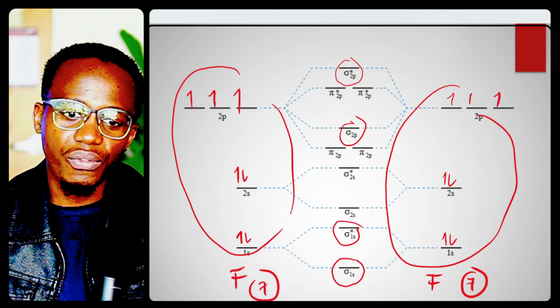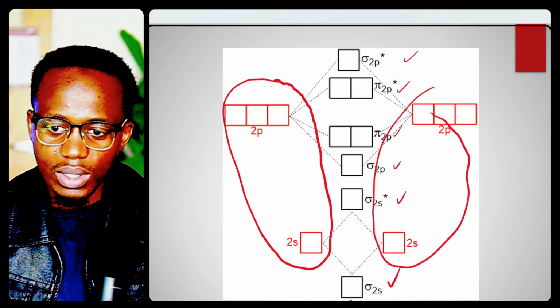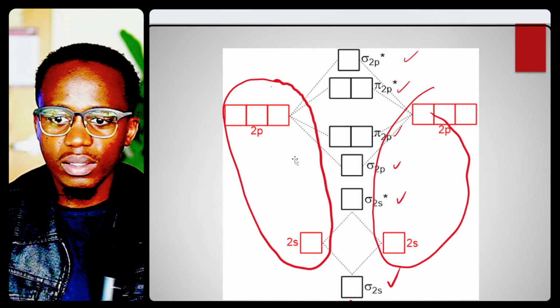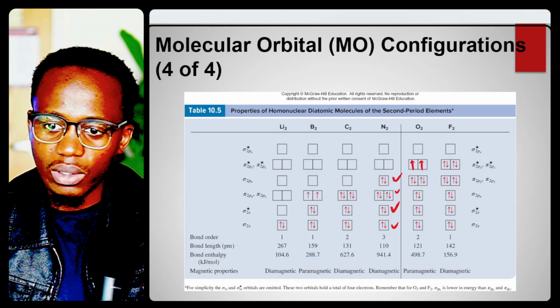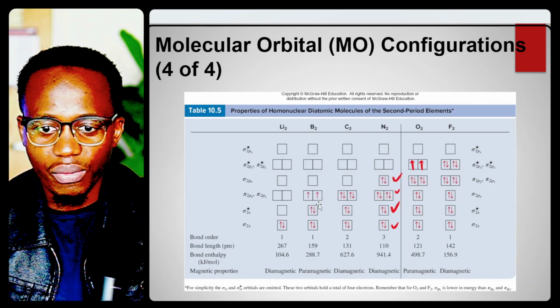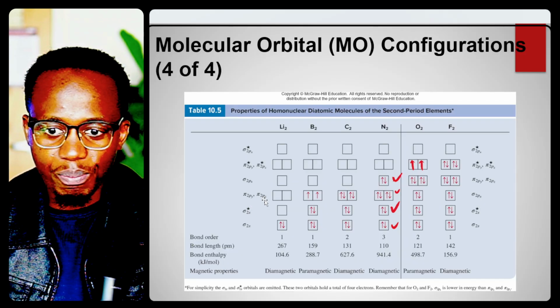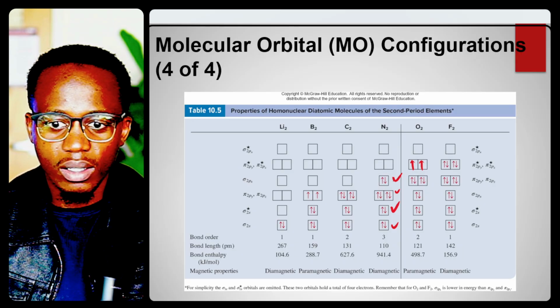So the way they're going to fill out is in this order, right? Where you start with sigma non-bonding, and then you keep going. This is the order. I like this one. This is the order that shows you which one fills out first, right? Sigma non-bonding, and then pi, sigma, and then pi non-bonding.